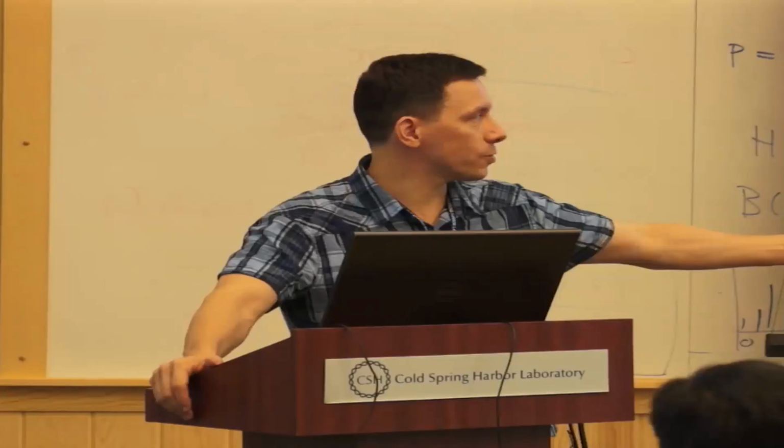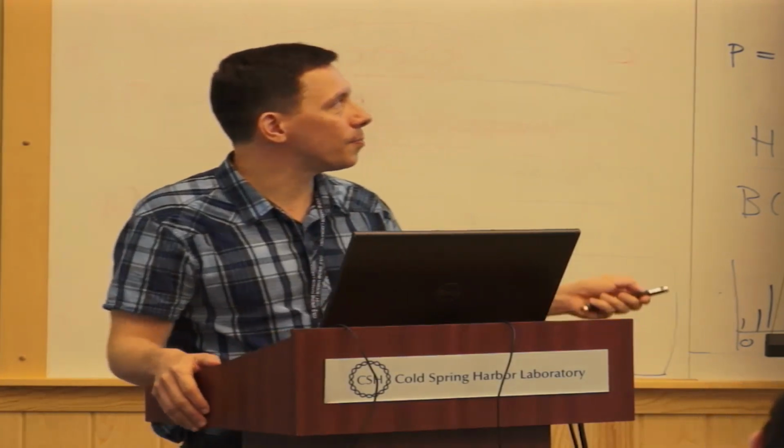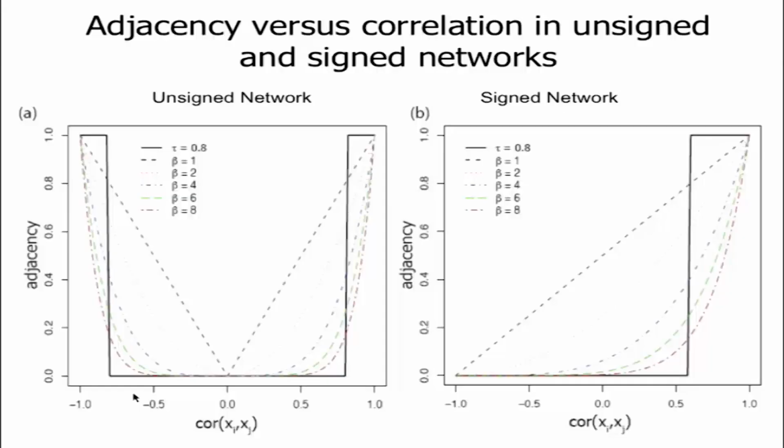Automatically, because look, if you have a correlation of minus 0.5, pretty much any power will set the adjacency to 0. And so, what does it all mean? It means when we later get modules, then modules in a signed network are comprised of genes that all have positive correlations with each other.